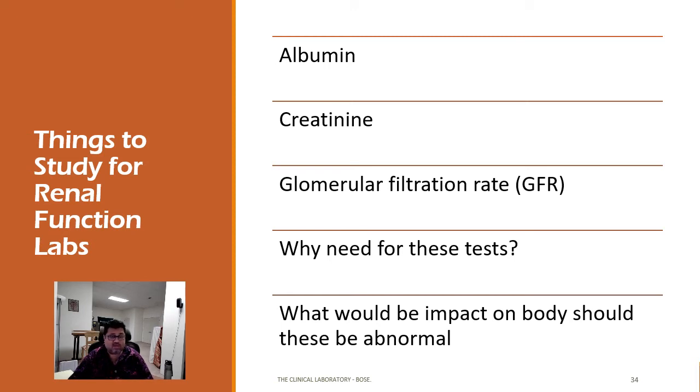Albumin is a macromolecule, it's protein, and proteins do not cross over into the glomerular space in the kidney tubules. So if albumin shows up in the kidney tubules, it means there is destruction of the glomerular basement membrane, and that means there is intrinsic kidney disease happening.